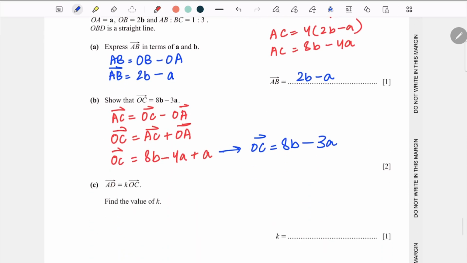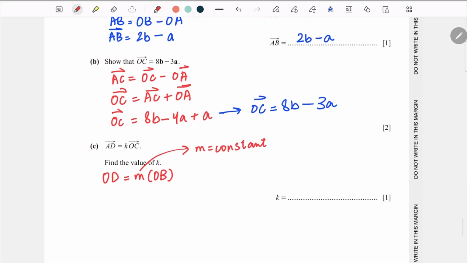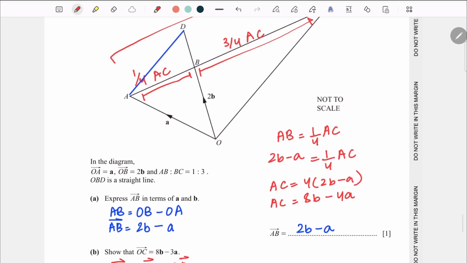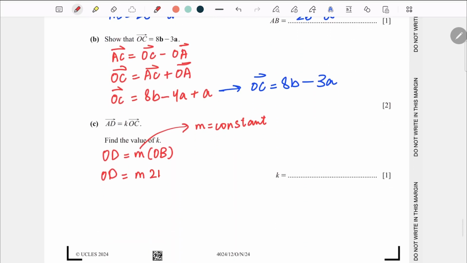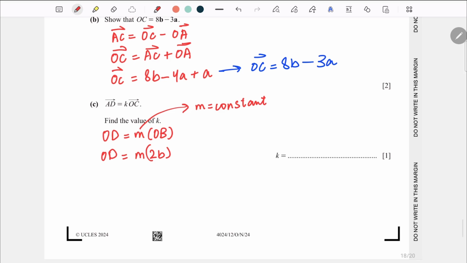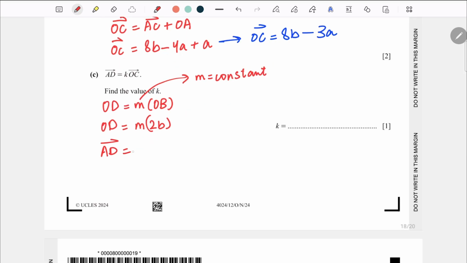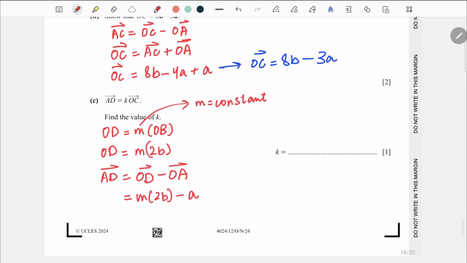We can also write this as OD is equal to m times OB, where m is a constant. OB is given to us as 2b, so I'm going to write that down: m(2b). Now AD is basically equal to OD minus OA. OD is m(2b) and OA is a, because that's what's given in the diagram.